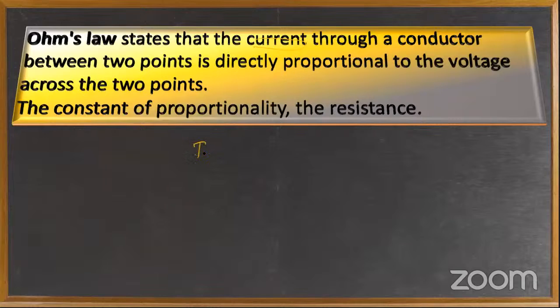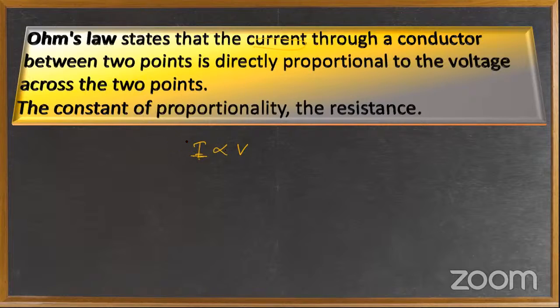Means current I is directly proportional to voltage. As the voltage increases, the current increases. If the current is low, the voltage is low. This is Ohm's law: current is directly proportional to voltage.